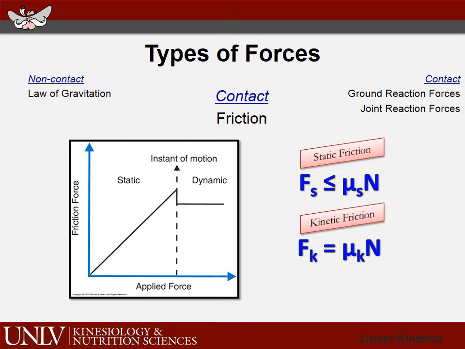It may be surprising or not to you, but the maximum static friction is going to be greater than the dynamic friction. So once an object's moving, the friction created during that movement is going to be less than the maximum static friction created prior to movement.